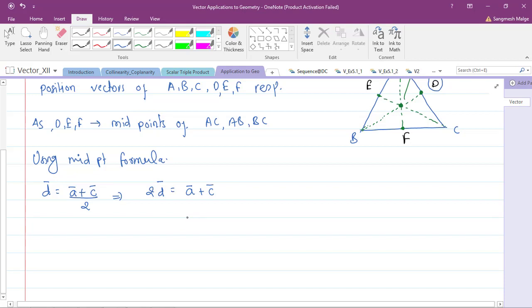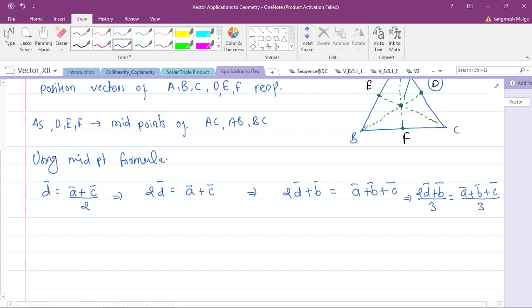Okay, so let's add B bar on both sides. So 2 D bar plus B bar is equal to A bar plus B bar plus C bar. Now let's divide by 3 on both sides. 2 D bar plus B bar by 3 is equal to A bar plus B bar plus C bar by 3.